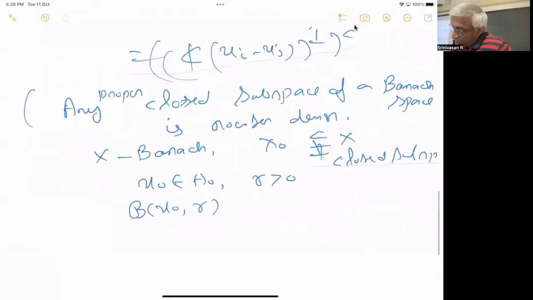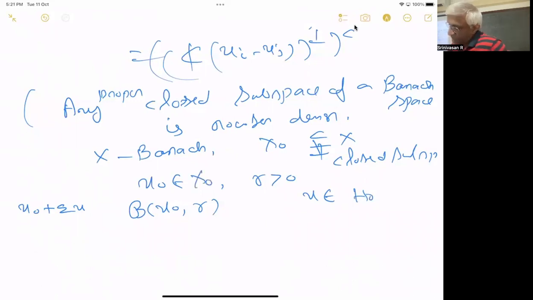Okay. So you take this ball, u naught plus epsilon times u, where u is in the complement of X naught, for epsilon less than r.